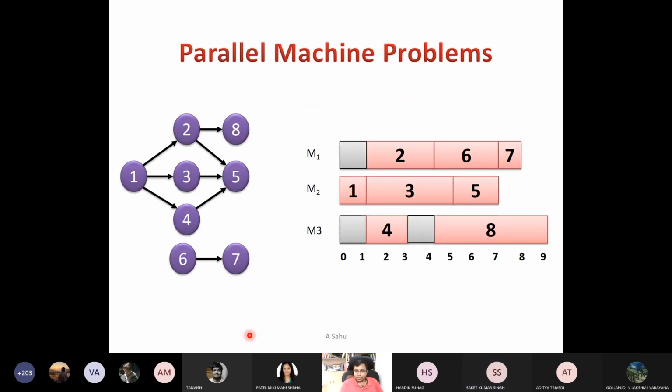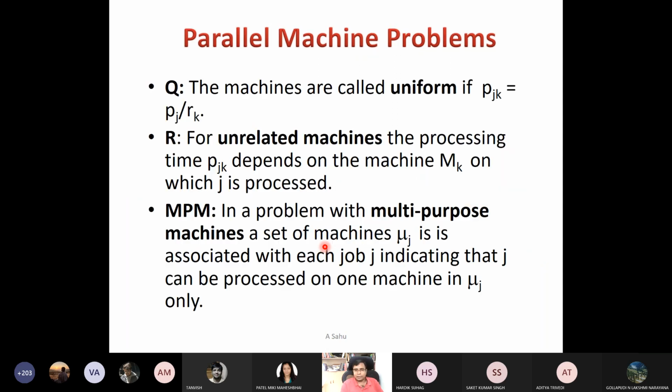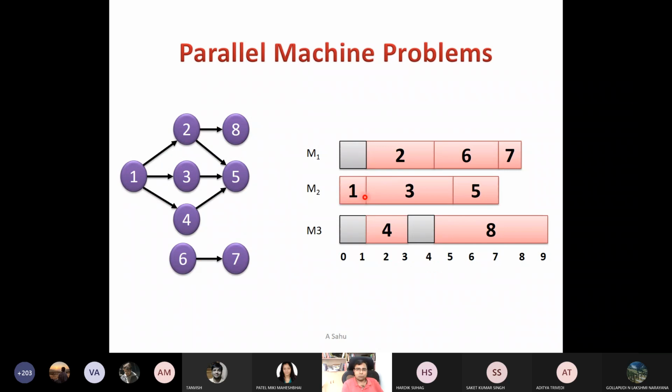So this is the parallel machine problem, a very simplistic example. The left side one is a DAG, a directed acyclic graph, and these are two components. This needs to be assigned to 3 processors, M1, M2, and M3. Job 1 is executing.